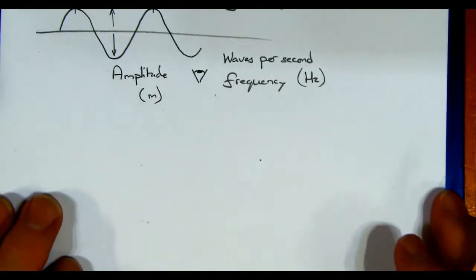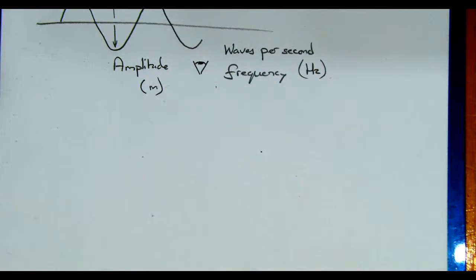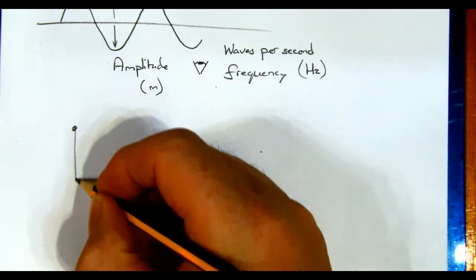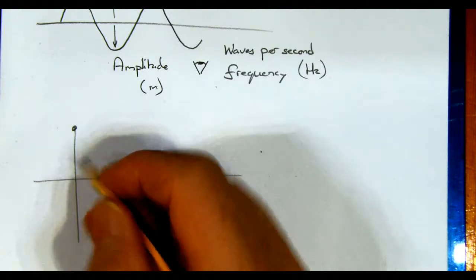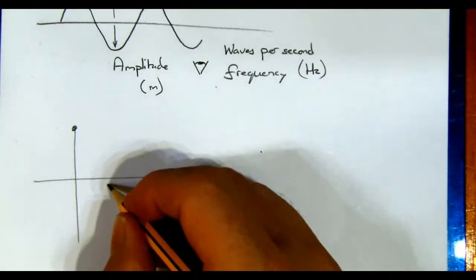And if we plot what that's doing, it's simply starting at points, and at the moment we're going to call this 0, and 0 I'm going to call maximum. Then I'm going to move it to 90 degrees, and it's halfway down.